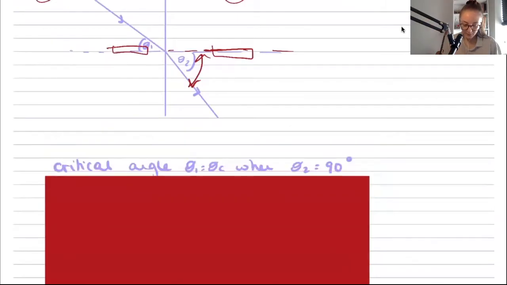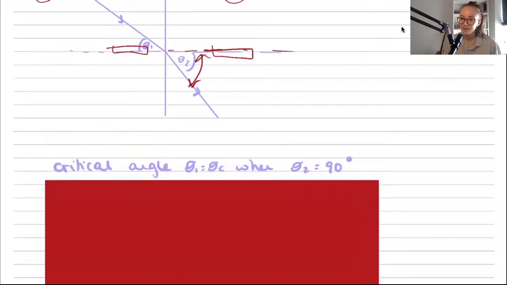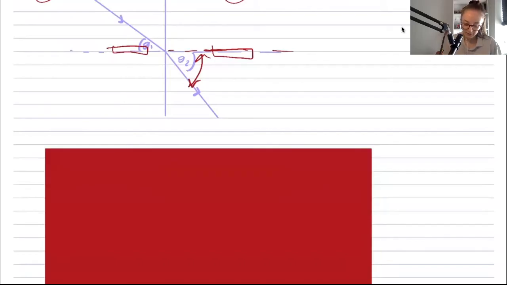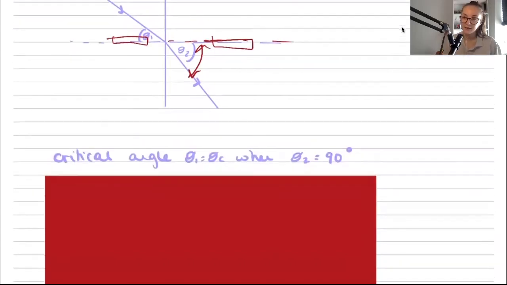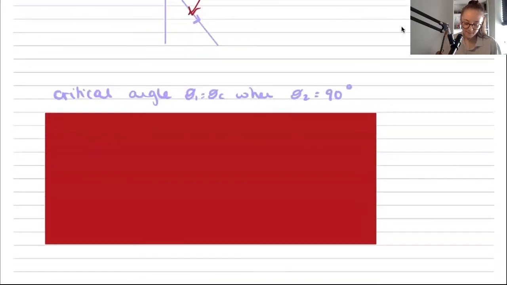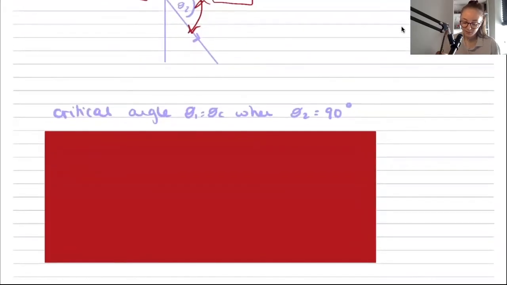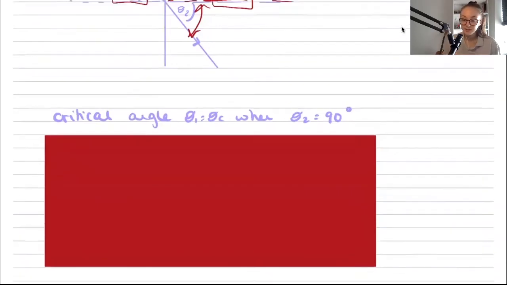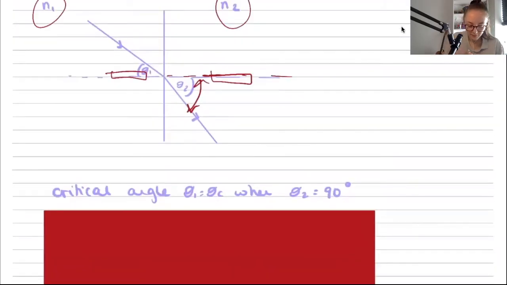And then the next part, they wanted to know under what conditions total internal reflection occurs. And for this, we need to know what the critical angle is. So our critical angle θ1 happens when θ2 is equal to 90 degrees, because that is when this is wide enough such that this just travels along the boundary here.